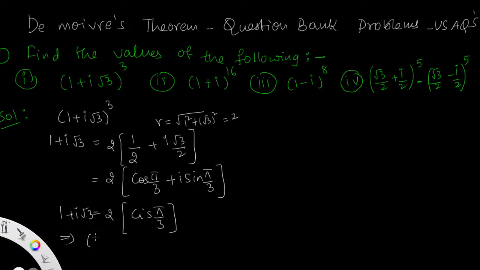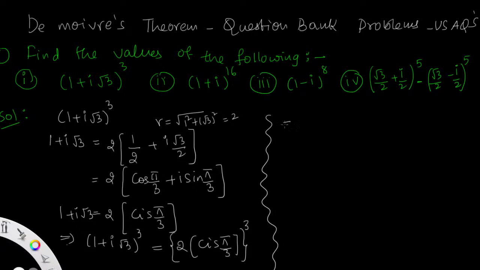In the question, 1 plus i root 3 whole cube, the power is raised to 3, so it is 2 cis pi by 3 whole cube. That becomes 2 cube, and as per Demoivre's theorem the power is joined with the argument: 3 into pi by 3 is pi, so cos pi plus i sin pi.